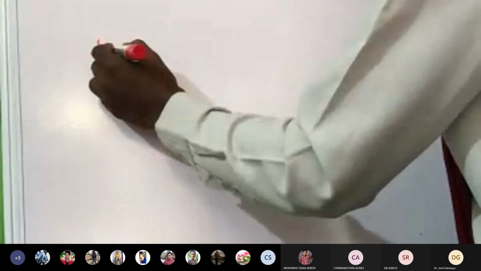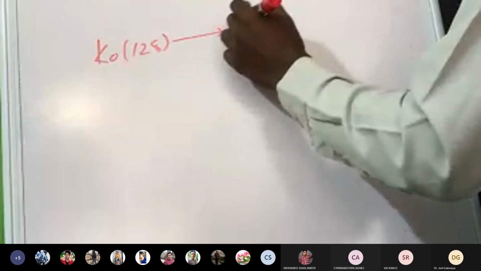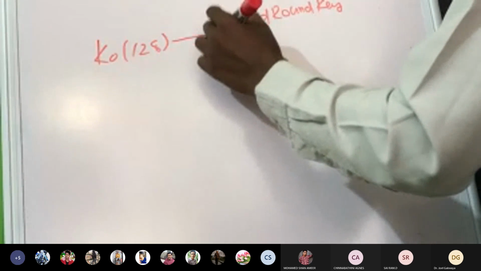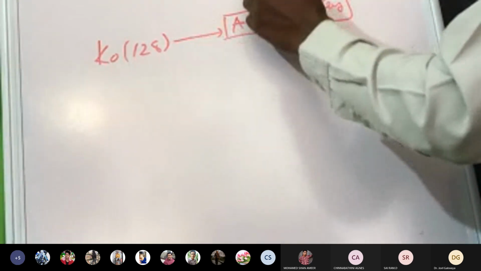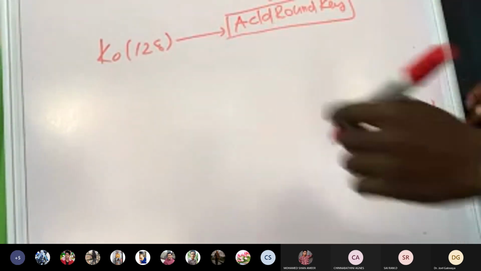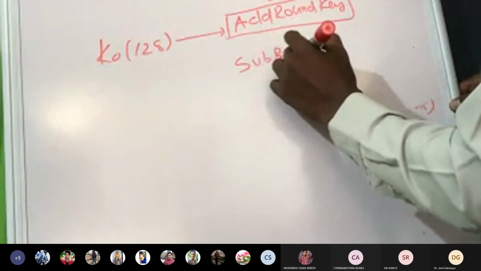In the simple structure we have seen from yesterday, we have the initial key 0, of 128 bits. This passes to the add round key stage, and the plain text enters here, followed by the sub byte stage.